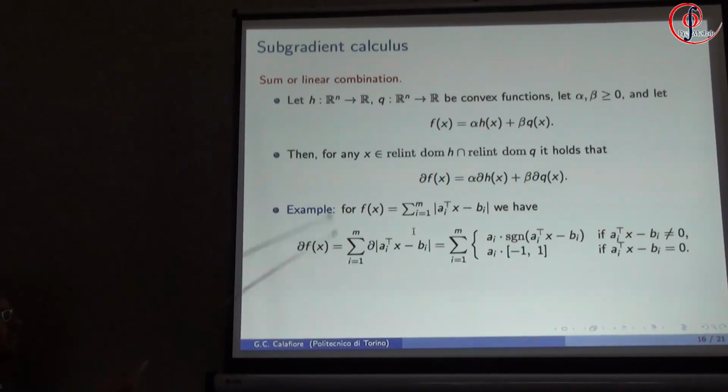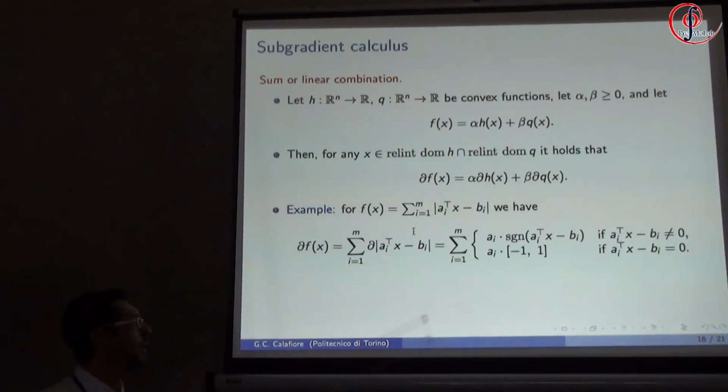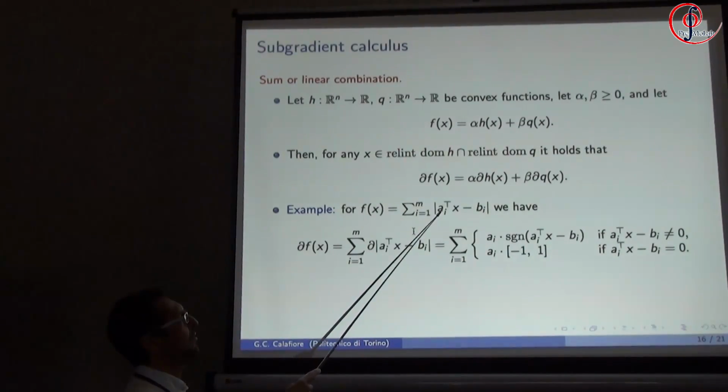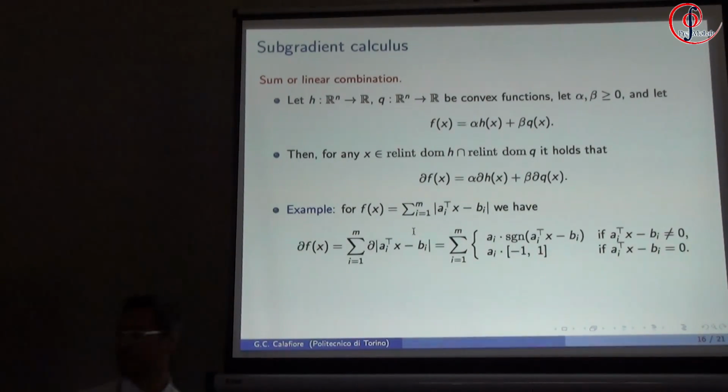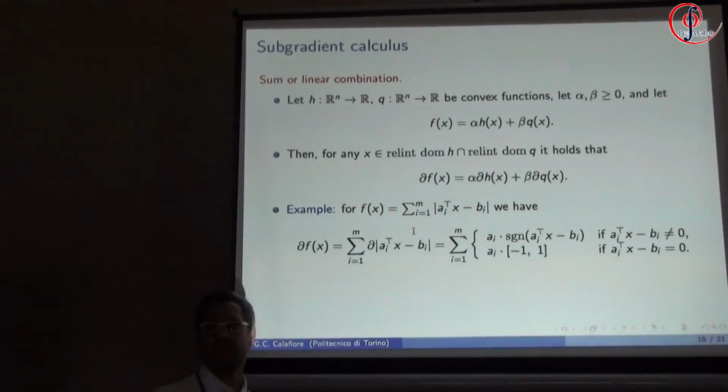An immediate application of this is if we have an f which is a sum of the absolute values of a_i transpose x minus b_i, for instance. Then we apply this sum rule, and we obtain the subdifferential as the summation of the individual subdifferentials. Okay?